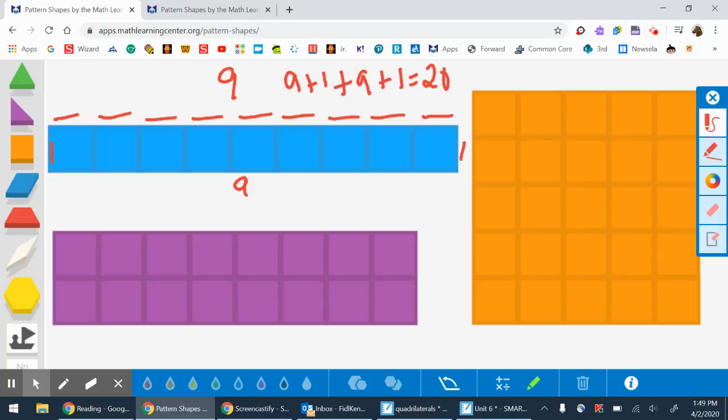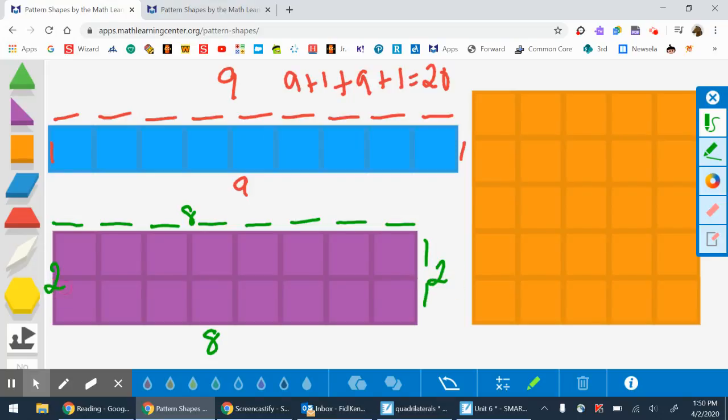All right, now the purple one, let's take a look at that one. I'm going to change colors just so we don't get our dimensions mixed up. So let's see, in this side we have 1, 2, 3, 4, 5, 6, 7, 8. So 8 people can sit on this side. So that means the opposite side is the same on a rectangle. So this side is also 8 people. And then I have 1, 2 on this side.